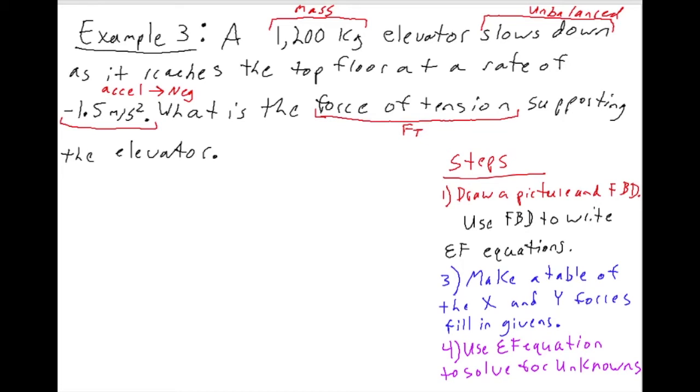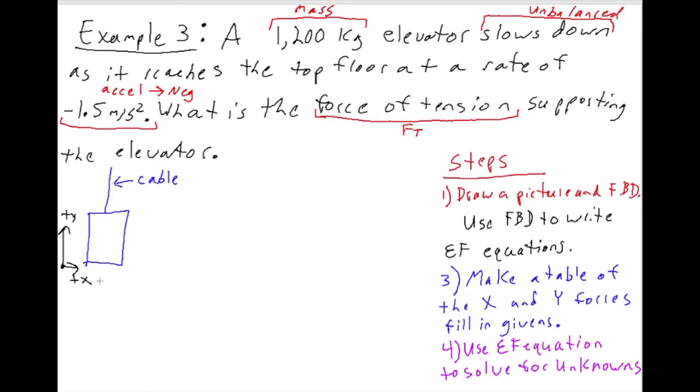Now let's draw a picture of this elevator. So here's my elevator. The problem told me that there's force tension, so I'm going to draw that cable right here, and I can label it so that other people know that there's force tension. I'm going to label my origin, point up as the positive y direction, and to the right as the positive x direction.